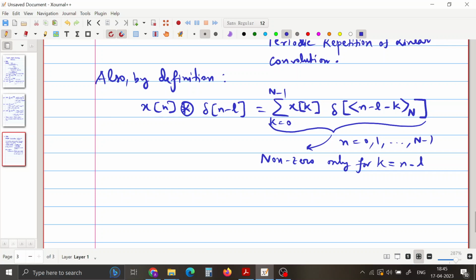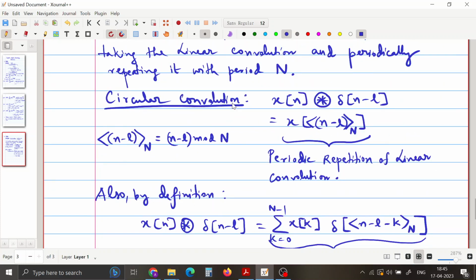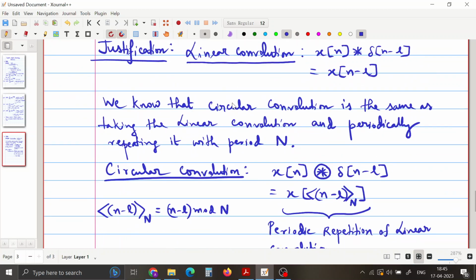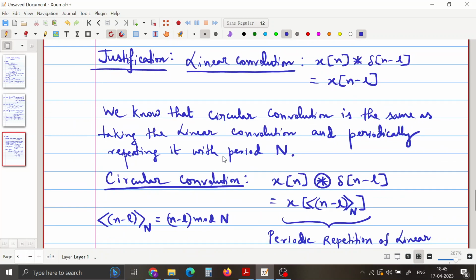So ultimately what you will get is x of this. This is another way of looking at it, but the straightforward way to observe is that circular convolution is nothing but the periodic repetition of the linear convolution. So you can straight away conclude that this is true.